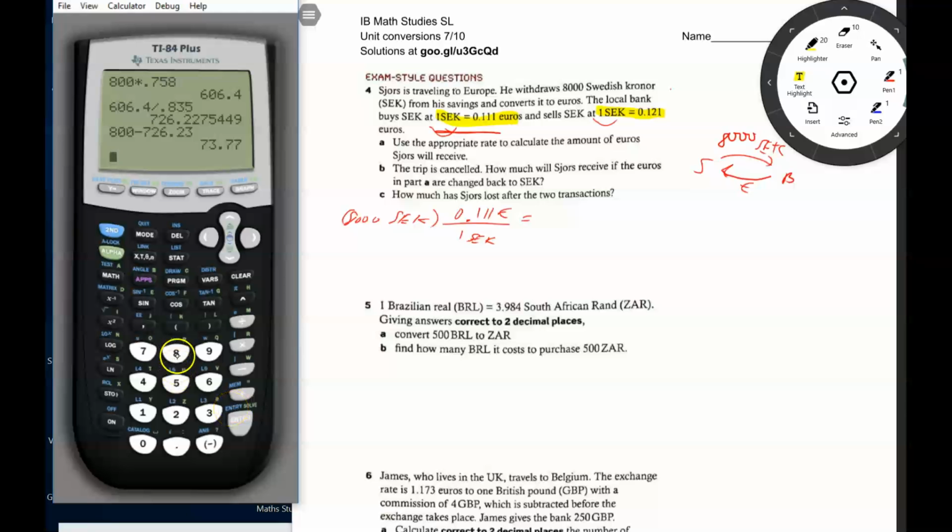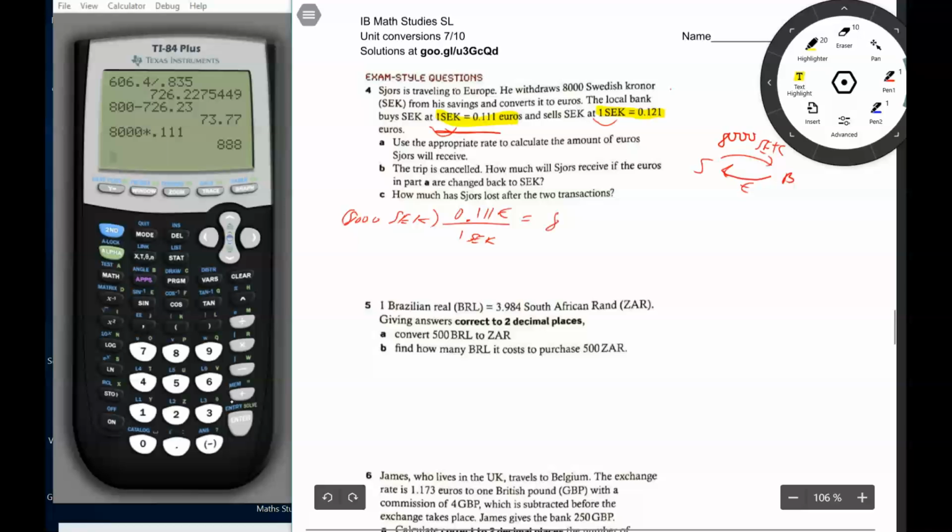And what we want to do is multiply 8,000 times 0.111, enter, and it gives me 888 euros. That was A.